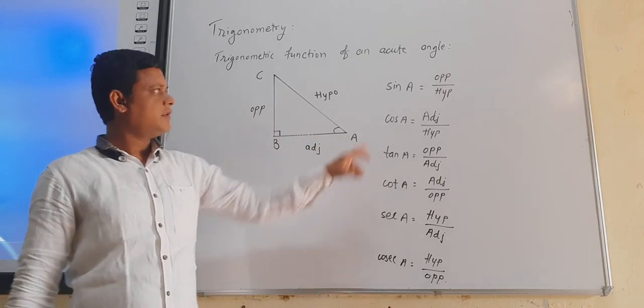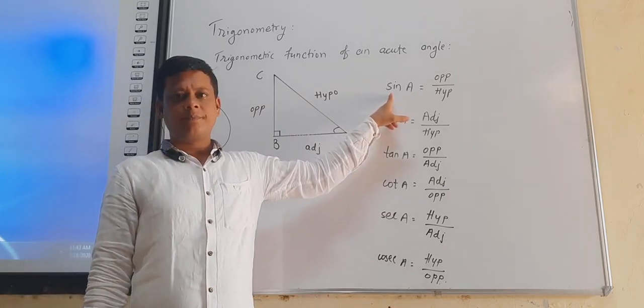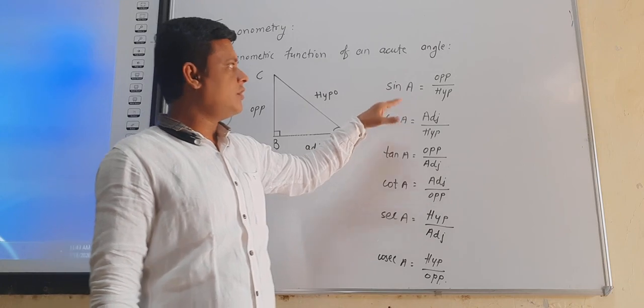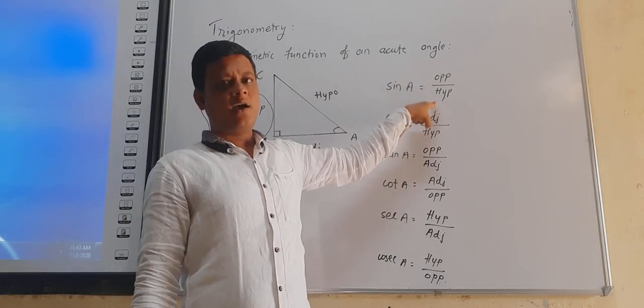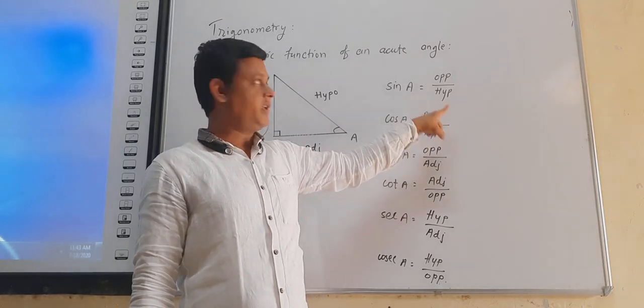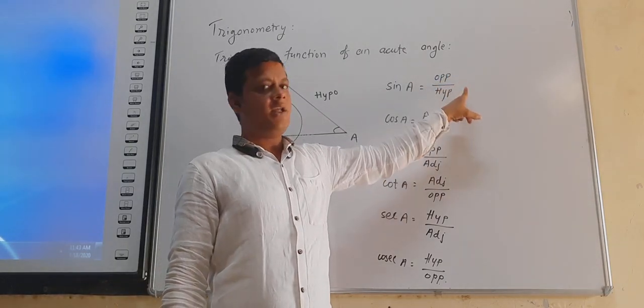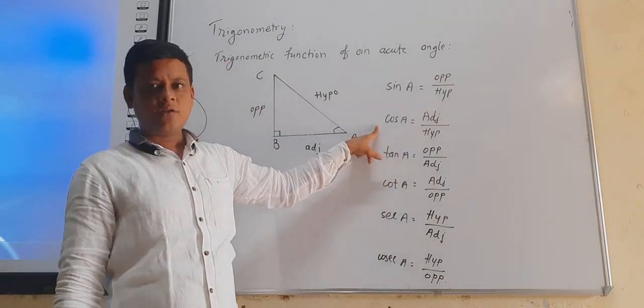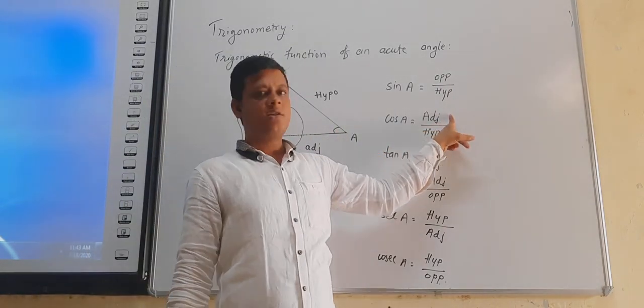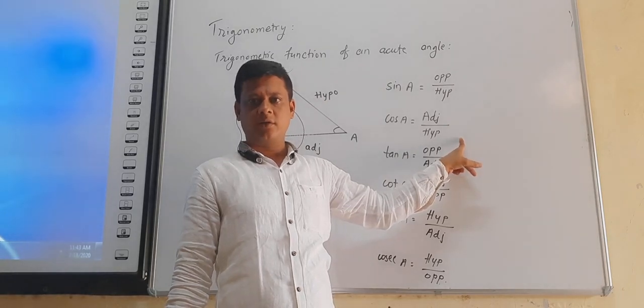Now see, sine A means sine ratio. For sine ratio, we consider the ratio of opposite side upon hypotenuse. Now in cos ratio, we consider adjacent side upon hypotenuse side.